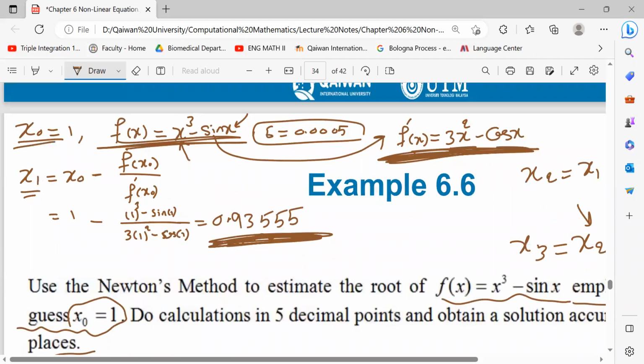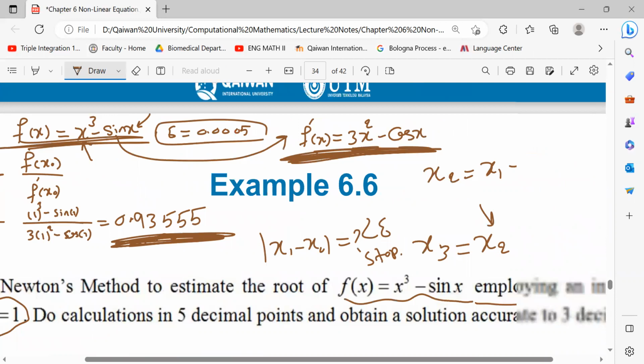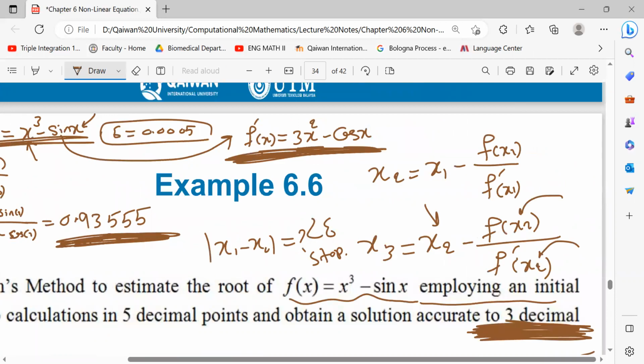We found x1. We say the absolute value of x1 minus x0 is equal to what? If it's less than epsilon, we stop. If not, we continue to the next step. Let's say it is not less than epsilon. What we do, we find x2. Then we test x2 and x1.